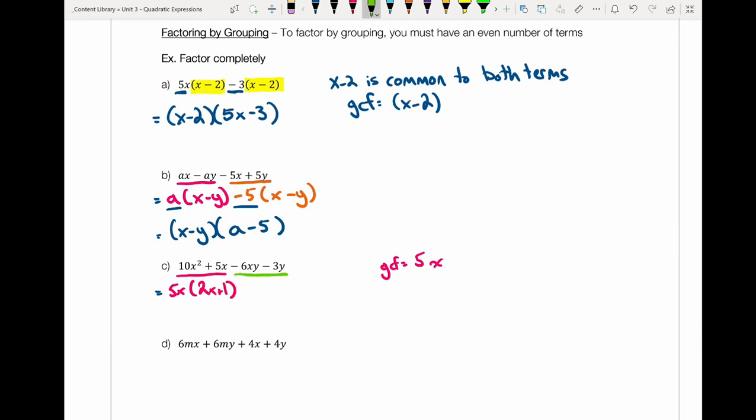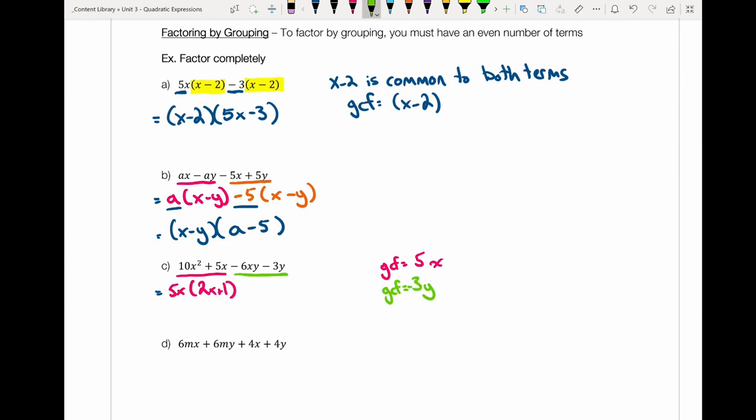Because we're factoring by grouping, we want to see if there is something similar that I can do in the second bracket so that when I factor, I'm left with one part as 2x plus 1. So if I look at the second one, for the greatest common factor, I can see that I can take out at least a y. And if I look at the coefficients, I can see that I can take out, in this case, a minus 3.